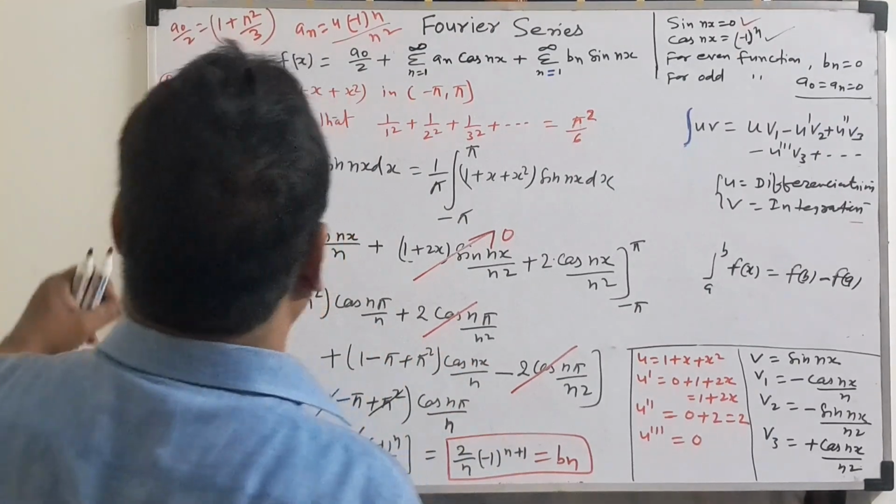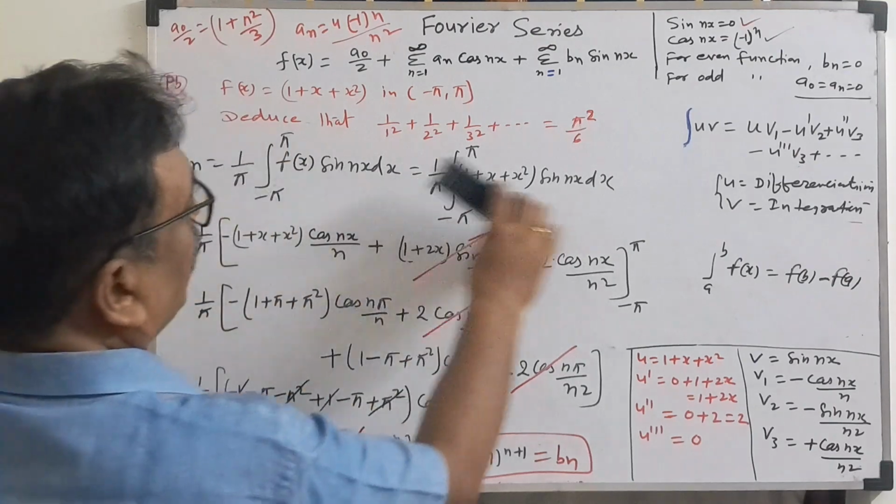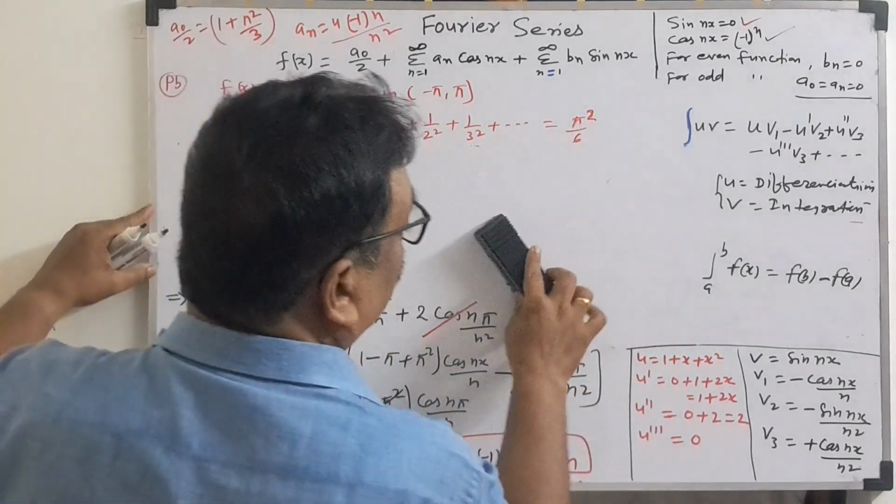Now we'll write in the expression. This f x is there, no? So now we'll write f x, that is called the Fourier series.